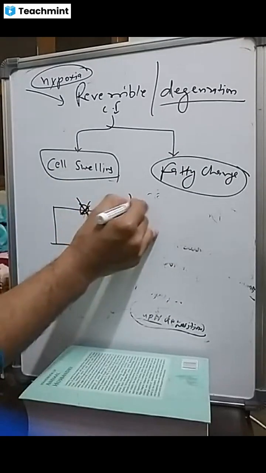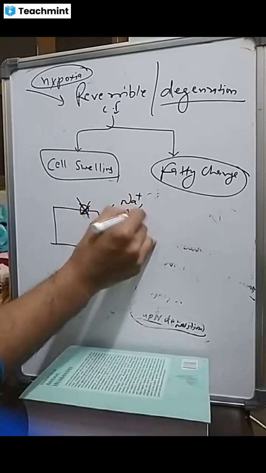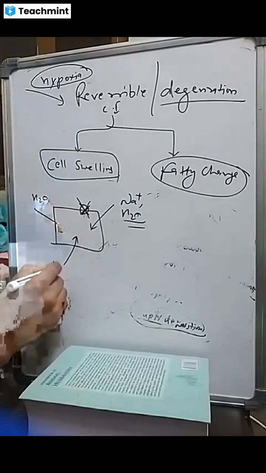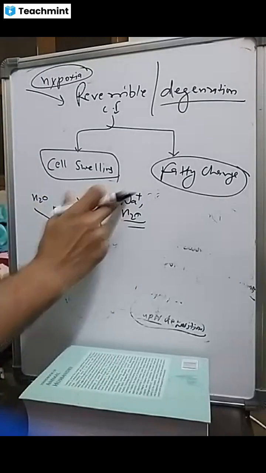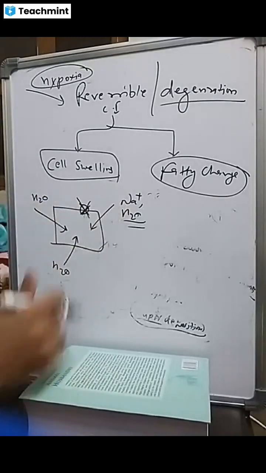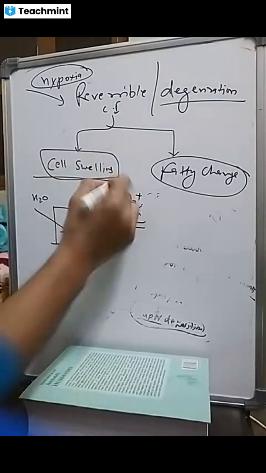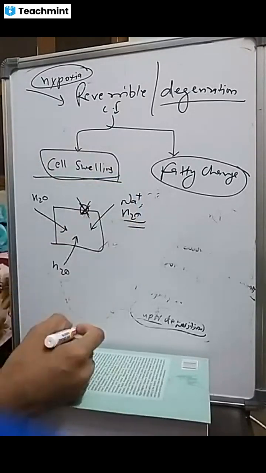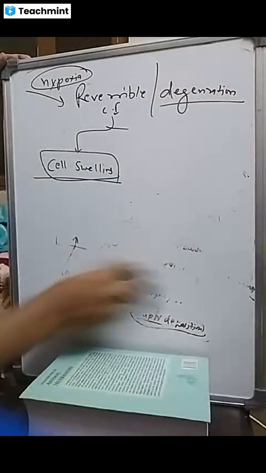This pump is not working. So what comes inside? Sodium, and with it water. So a lot of water will enter, and the cell will become swollen. This is the cell. This is known as cell swelling. There is some terminology given in books with cell swelling.